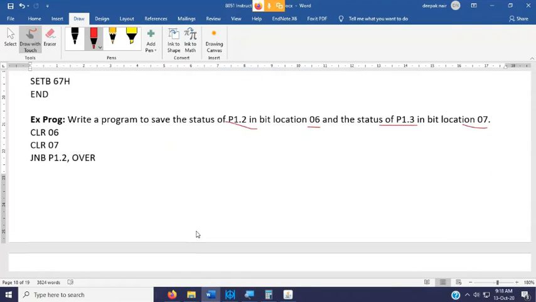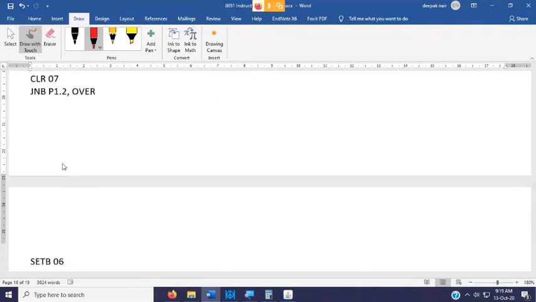Let me check whether this program is important or not. Port 1, why am I using port 1? This is an output port, right? So I don't think there is a need to write the values of an output port somewhere. Jump if bit is not 0 to port 1.2.